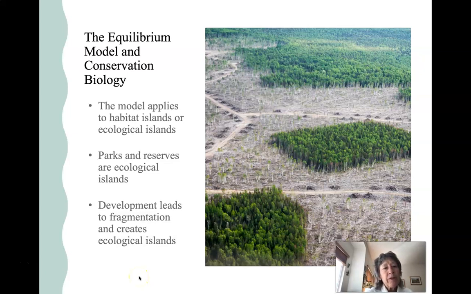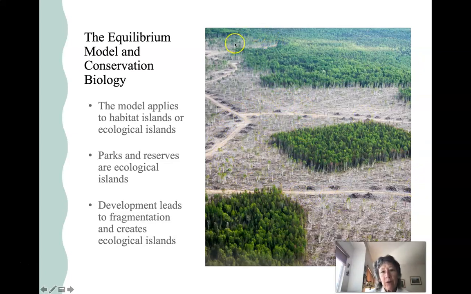Well, why are we covering this in the class? The equilibrium model is very applicable to conservation biology because it can be applied to habitat islands or ecological islands, like you see in this picture. Here we have an island of tropical forest surrounded by a sea of cattle pasture.